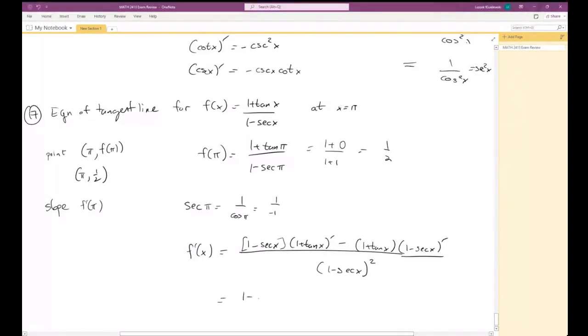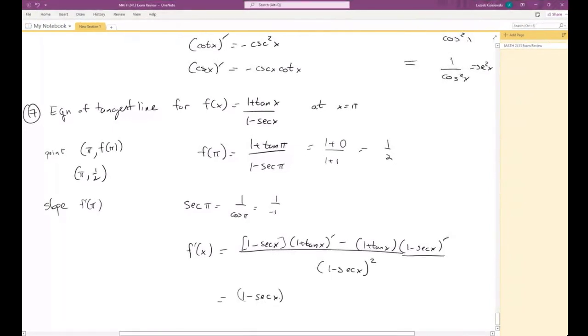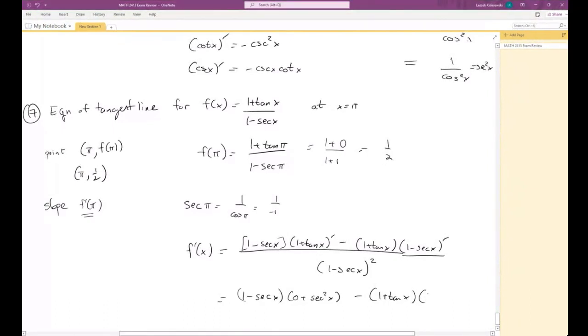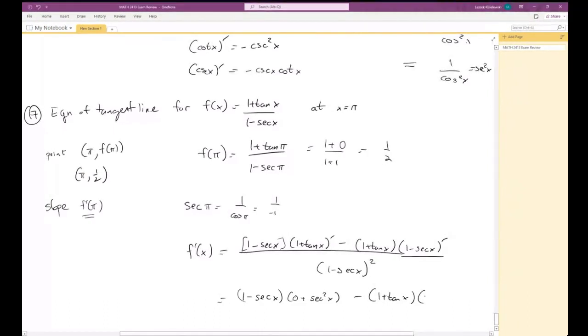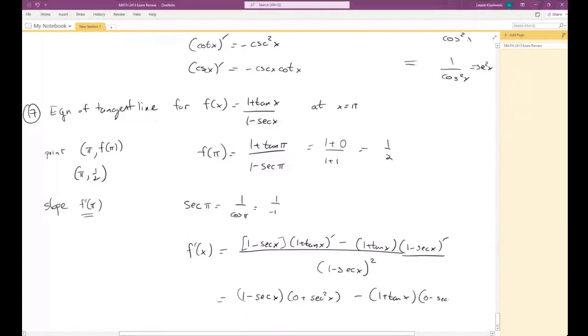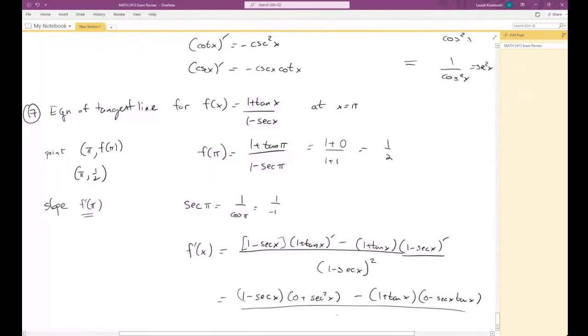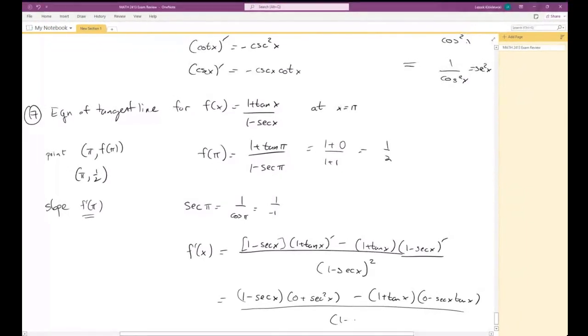Then we just have to use our differentiation rules. And I'm not going to simplify because we know that we're finding the derivative at a specific value of x. Derivative of tangent, secant squared. Derivative of secant is secant times tangent. All divided by low squared.